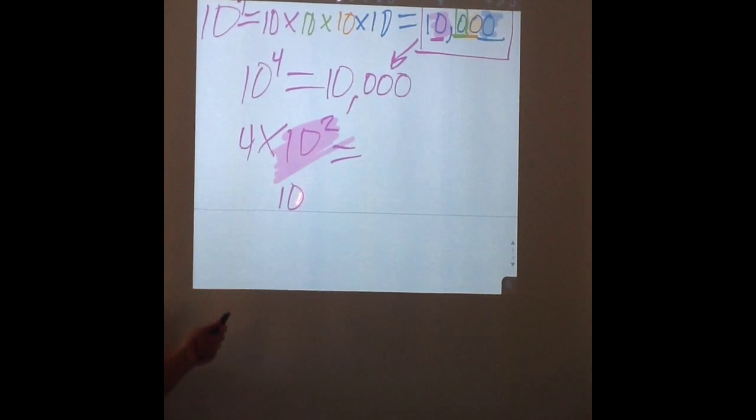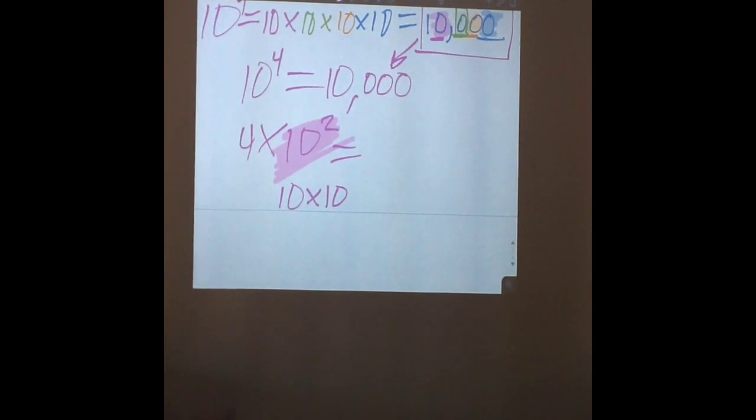If I was going to write this out as a multiplication problem, what would I be writing out? 10 times 10. And is that it? Just two tens? Two tens or three tens? Remember, our little number tells us how many big numbers we have.